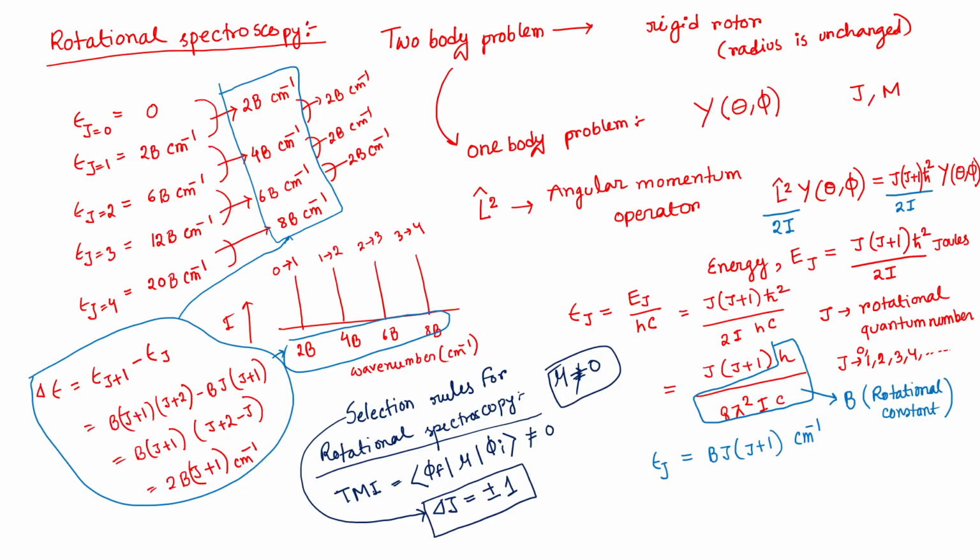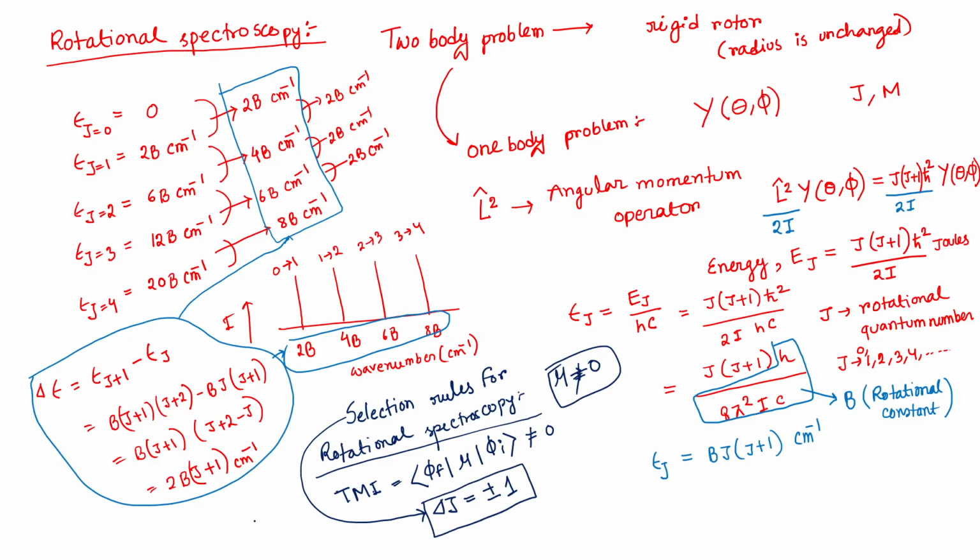But for the transition along the z direction, your delta m should be equal to 0, and delta m can be plus minus 1 for mu x or y direction of your transition, but we are not really discussing that here.